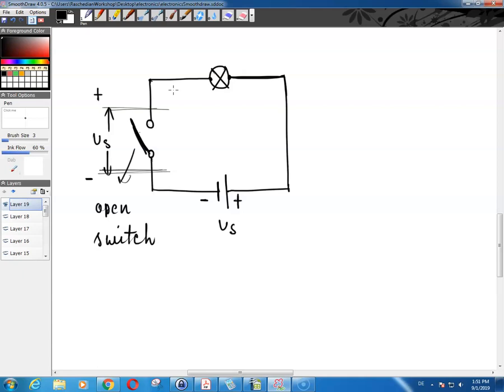And what I found out was that the whole power supply voltage actually does drop across the terminals of your switch.